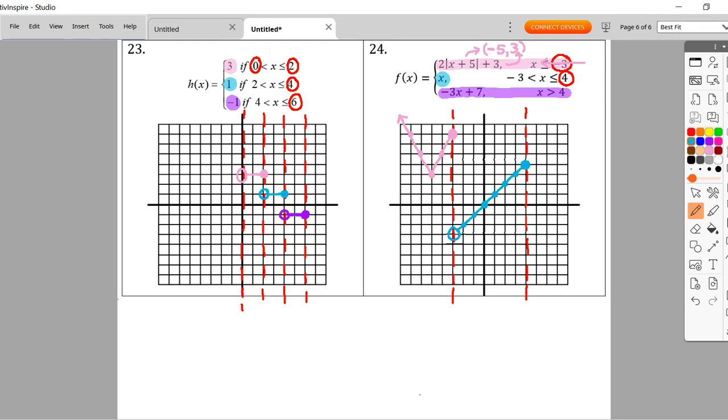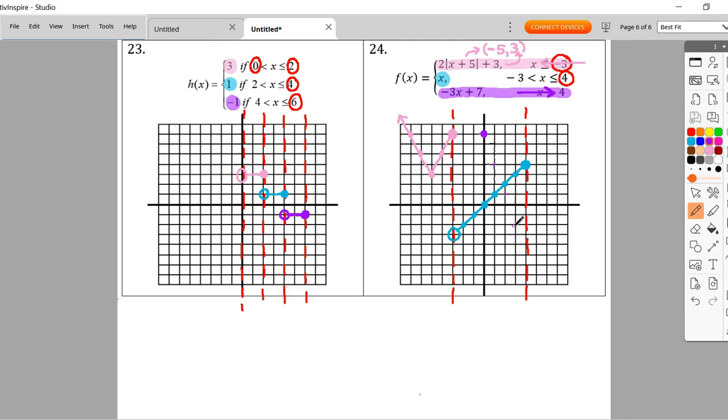Then I go ahead and graph my last function. It is x being greater than 4. So that's going to be to the right of 4. But specifically, I need to start always on the y-axis for slope-intercept form. So that is f of x equaling -3x plus 7. So the plus 7 is my y-intercept. I'm going to graph really tiny points because it's a -3 slope. I go down 3 to the right 1.